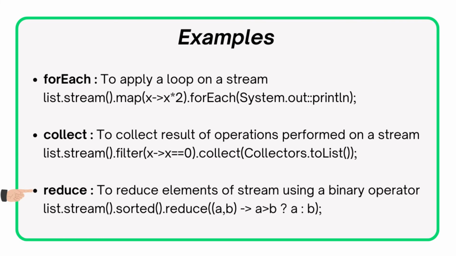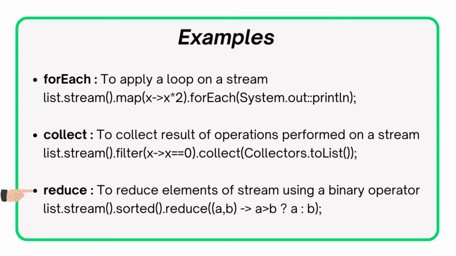Reduce, operation used to reduce elements of a stream using a binary operator. list.stream().sorted().reduce((a, b) -> a > b ? a : b). Here again, the stream function returns a sequential stream with this list as its source. Then on that stream, we have used the sorted operation to sort it in ascending order.